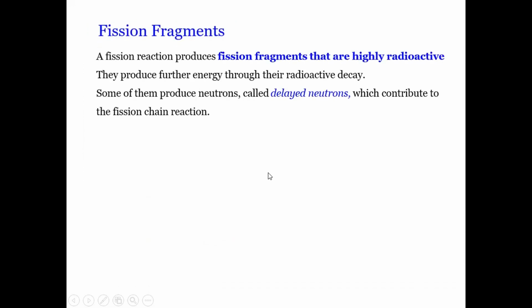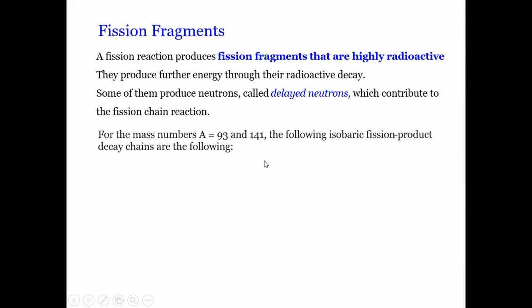Let's briefly talk about the fission fragments. Fission fragments are really the products that are produced as a result of fission. They are highly radioactive. They are produced with very large energy, of the order of 200 million electron volts, given to two fission fragments.